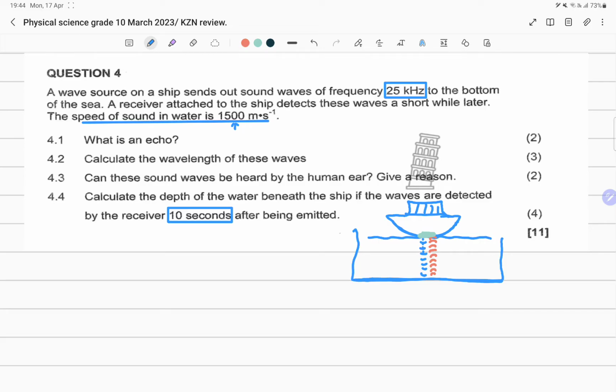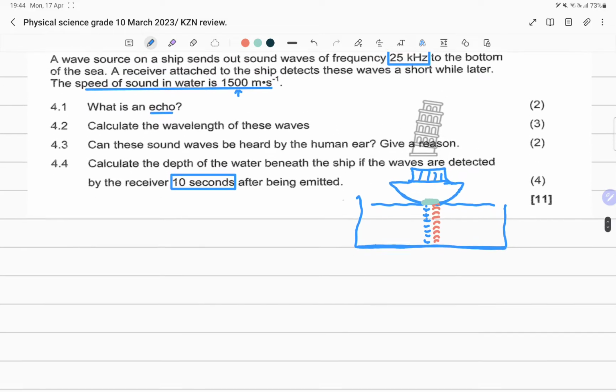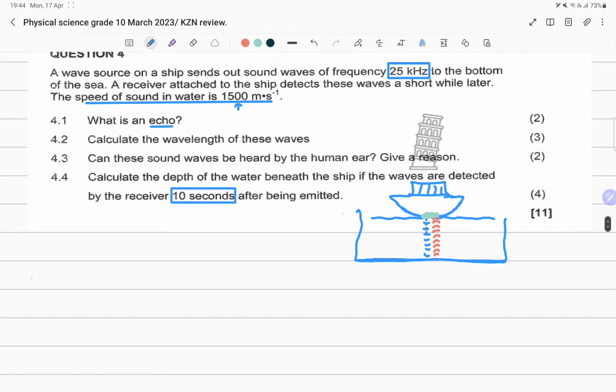Now 4.1 says, what is an echo? This is how we apply this in the medical field and many other fields. So an echo is basically a reflected sound wave, isn't it?